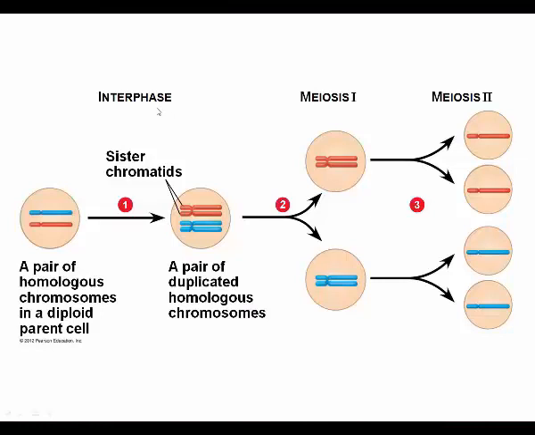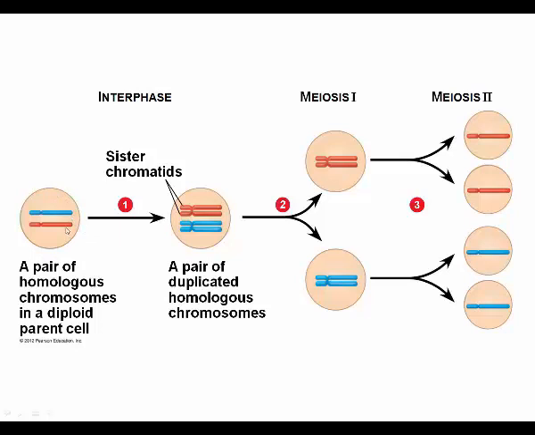Remember during interphase that chromosomes duplicate. I want to point out now the presence of homologous chromosomes. Homologous chromosomes have come from parents of the individual who's about to go through meiosis.